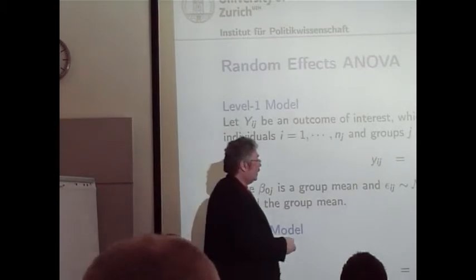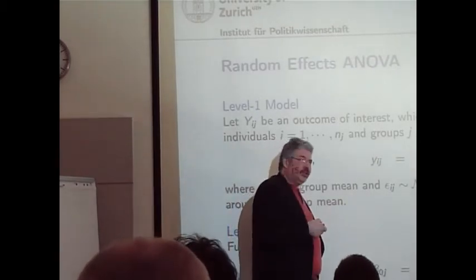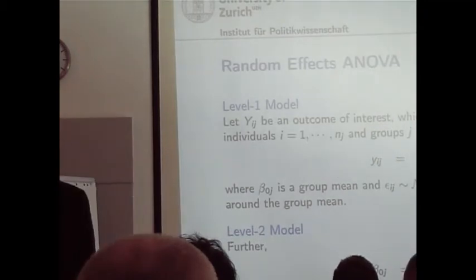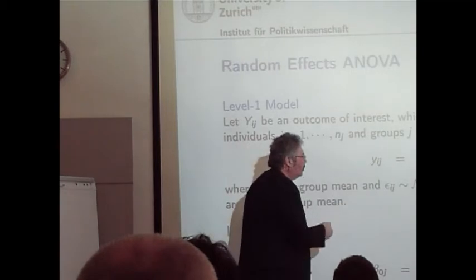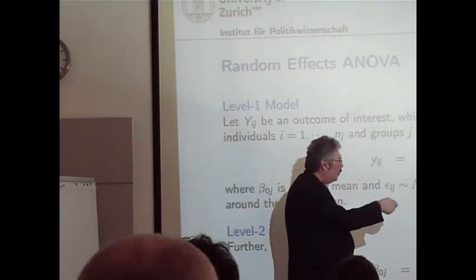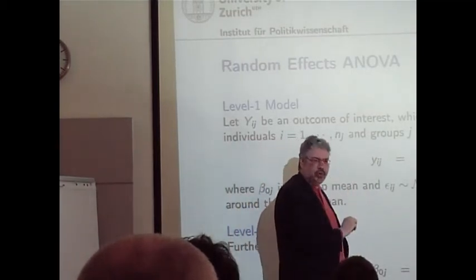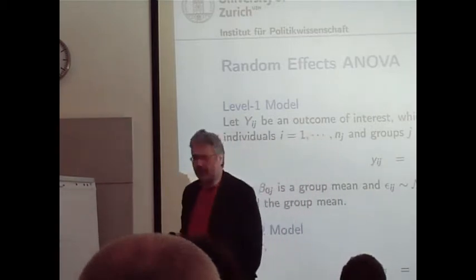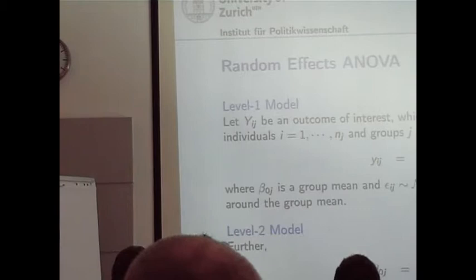So it basically says you can predict an individual's response by considering the group mean, and if you really want to capture the exact response of that individual, you add that individual's error.